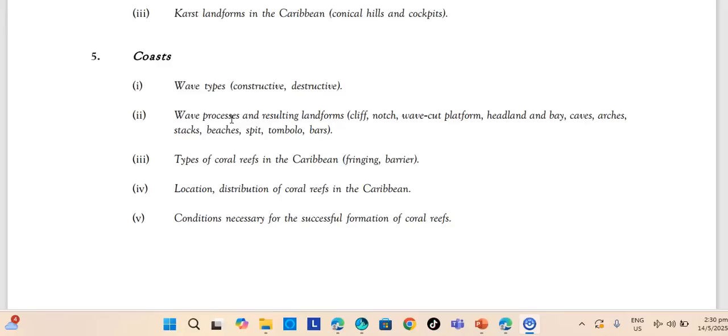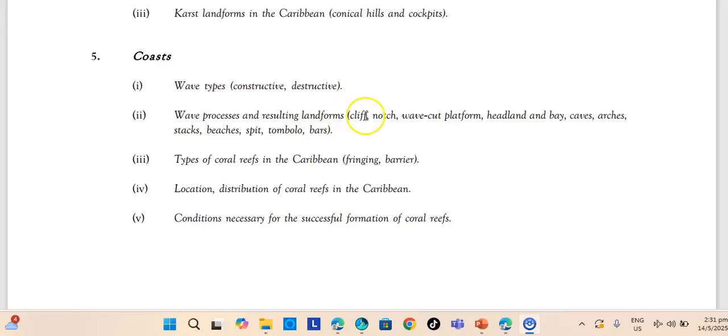So landforms that are formed from destructive waves are the cliff, wave cut notch, wave cut platform, headland, bay, cave, and arch.